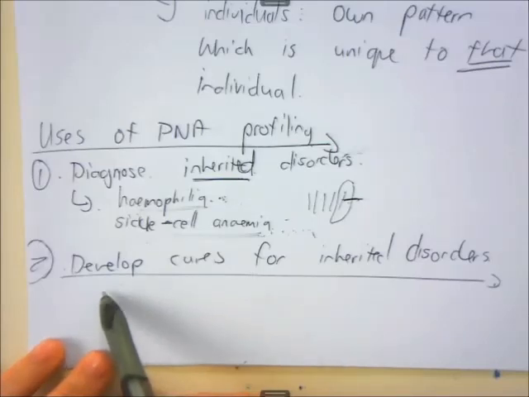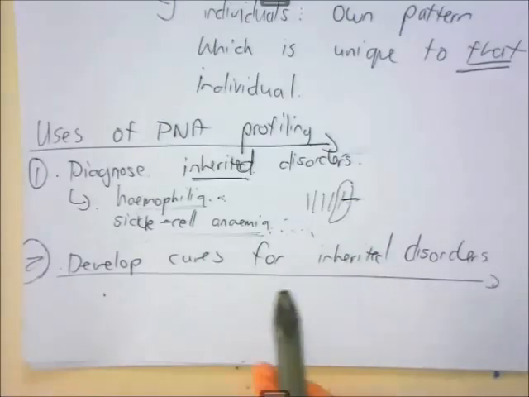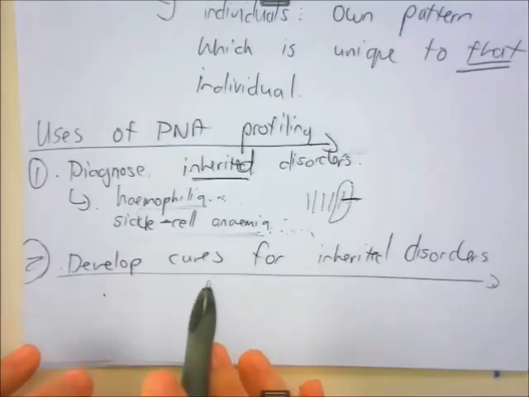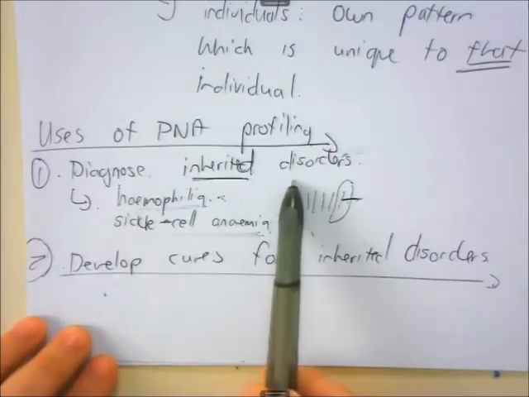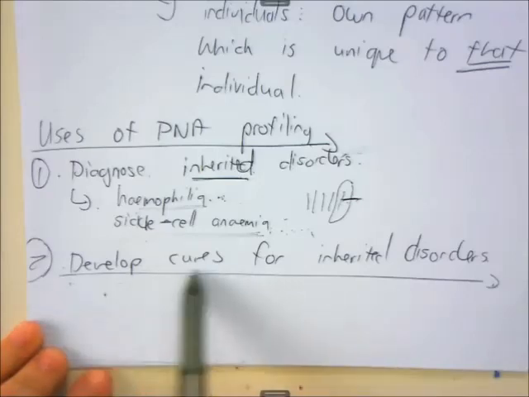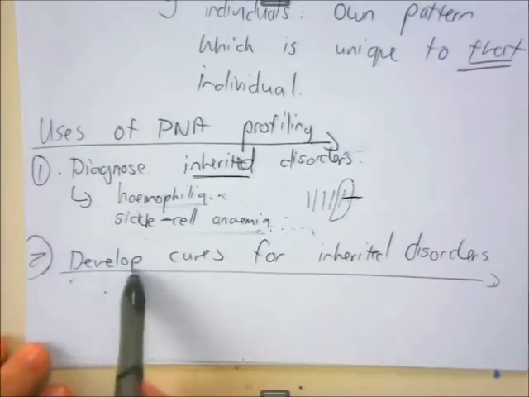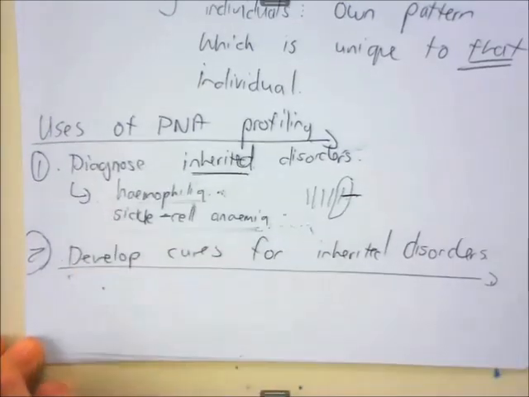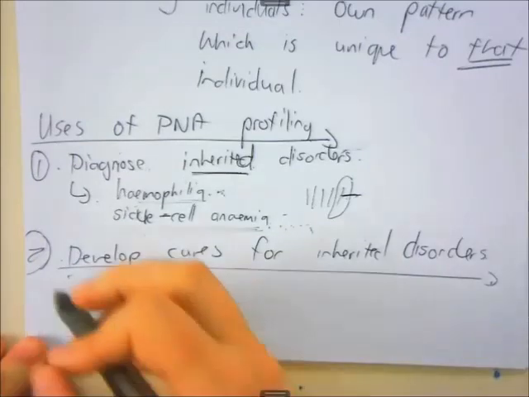But if we are able to isolate genes, study those genes, and look at the DNA profiling of an individual and specifically at certain disorders, then we have a high probability of at least making some headway into looking for cures for these disorders. So this would be a definite advantage, as the first one, to why we could be using DNA profiling.